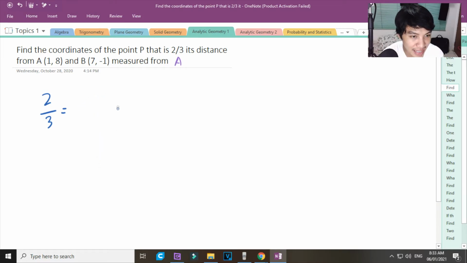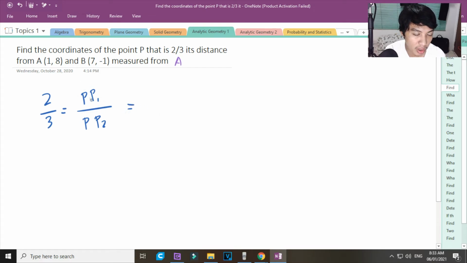2/3 of the distance. Isn't P given to you? P1P over P1P2. So, 2/3.